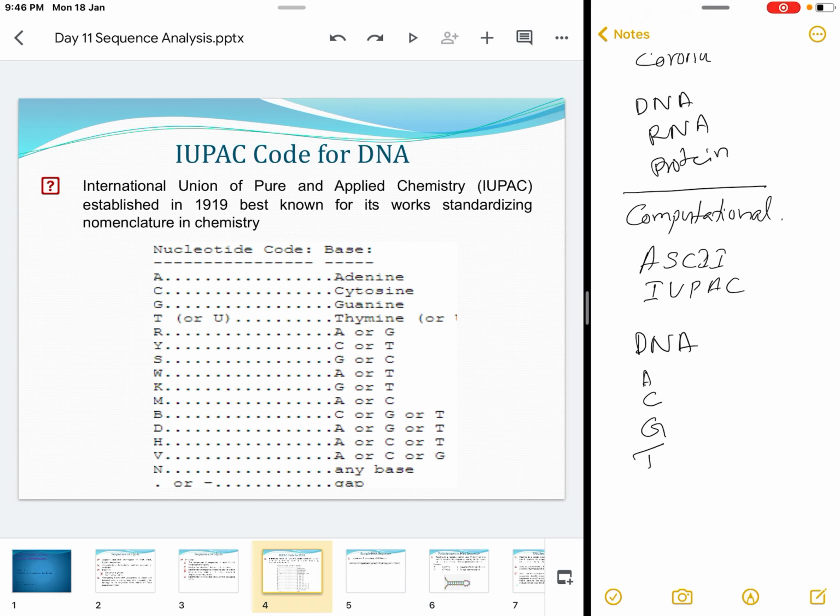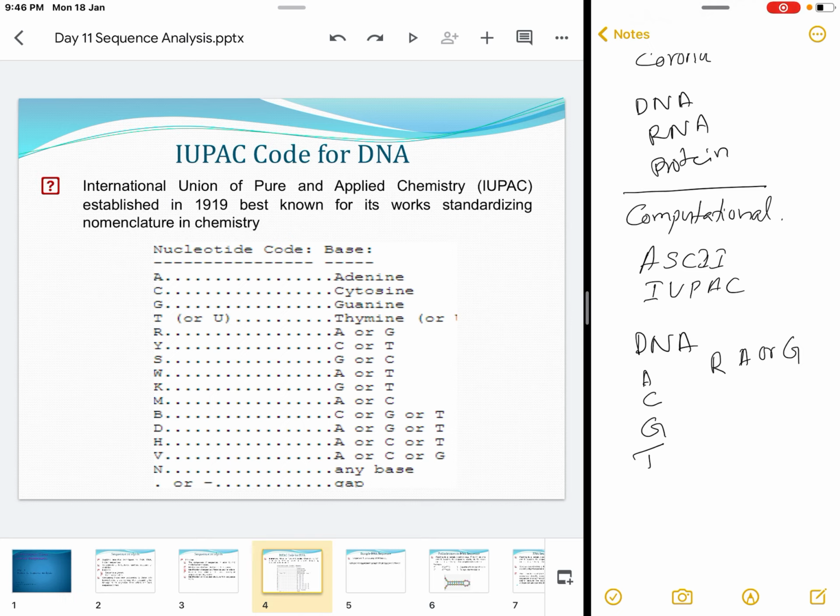And there are some other letters also representing some common bases. For example, the letter R represents either A or G. So if we write an R in a sequence, it represents either the nitrogen base adenine or guanine, and similarly Y represents C or T.